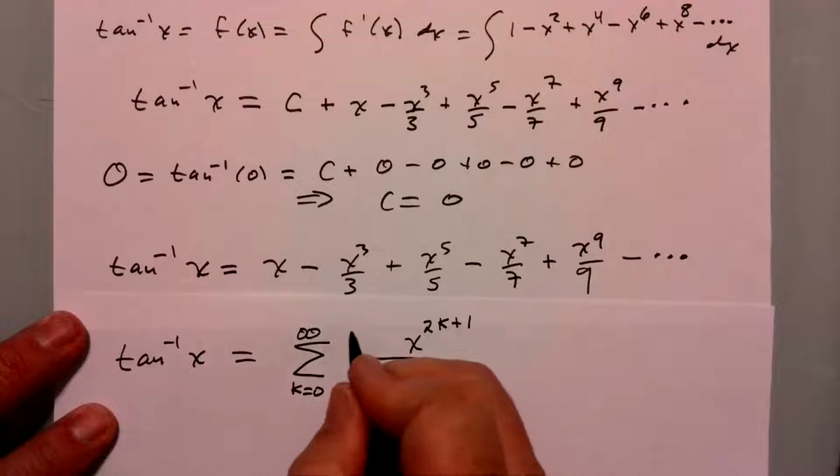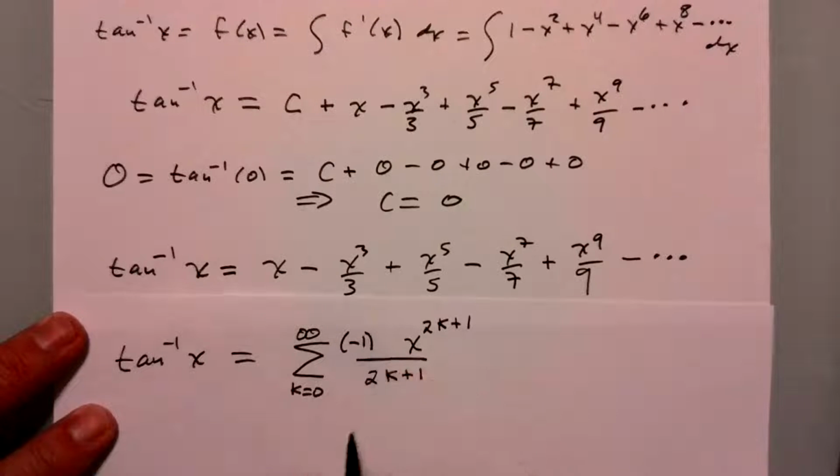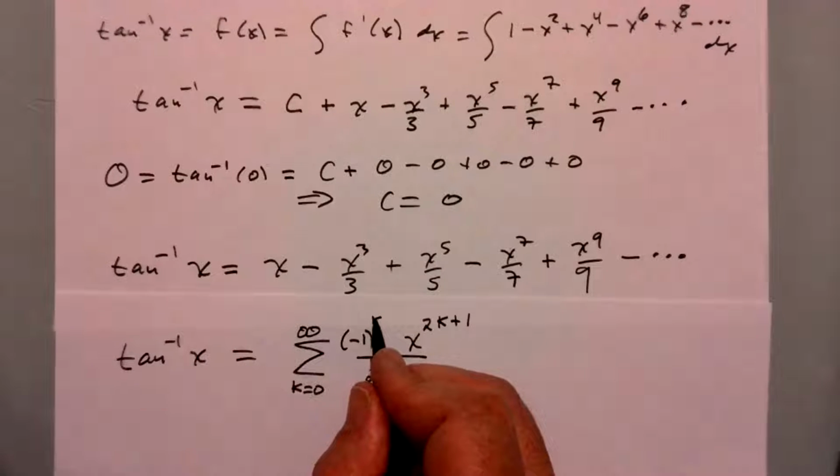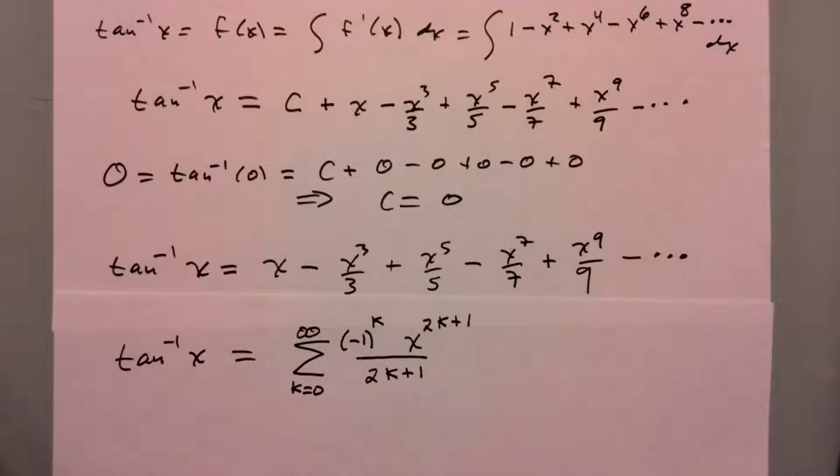But then I also have a sign flipper. It starts out positive, -1 to the k. Right, -1 to the 0 starts out positive, so I think that's it. So there's my Maclaurin series for inverse tangent of x.